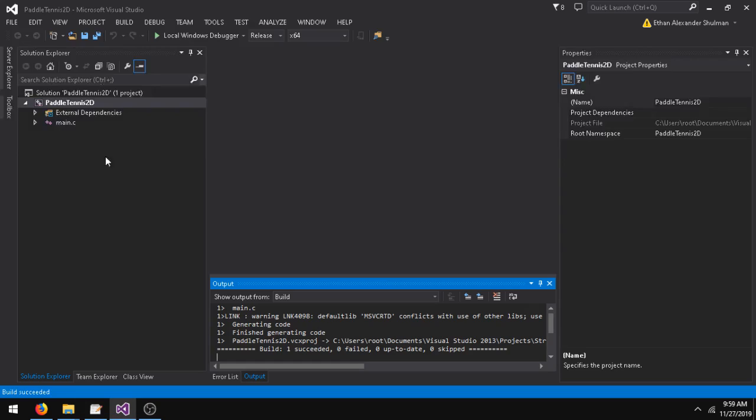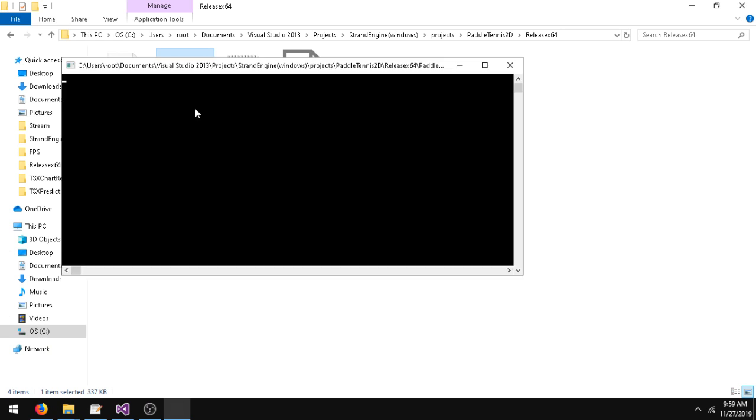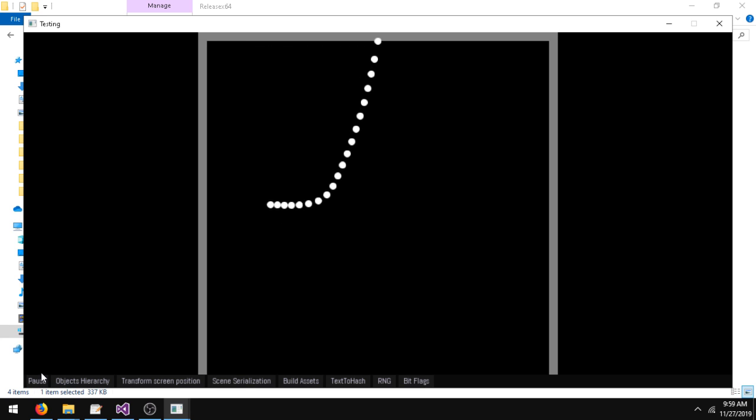Let's try raising it to 100. Interesting.